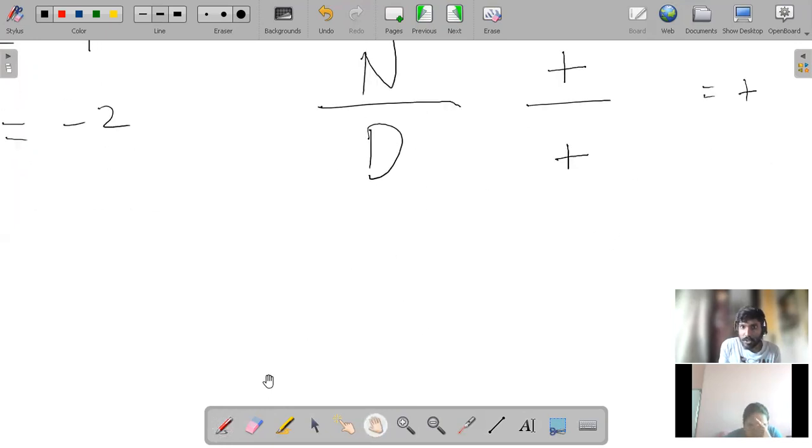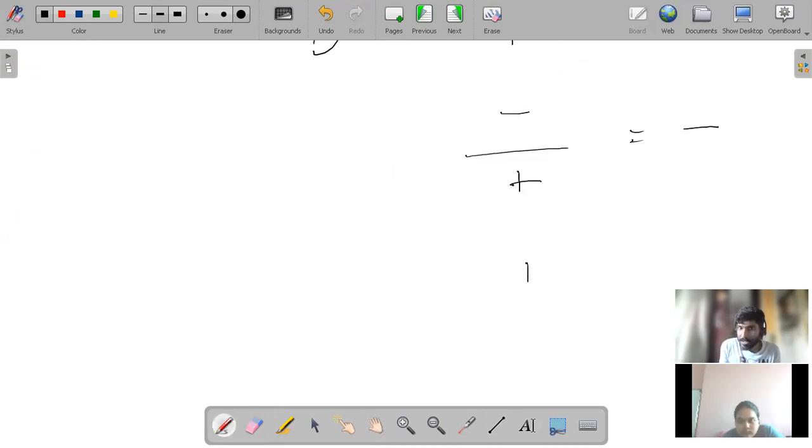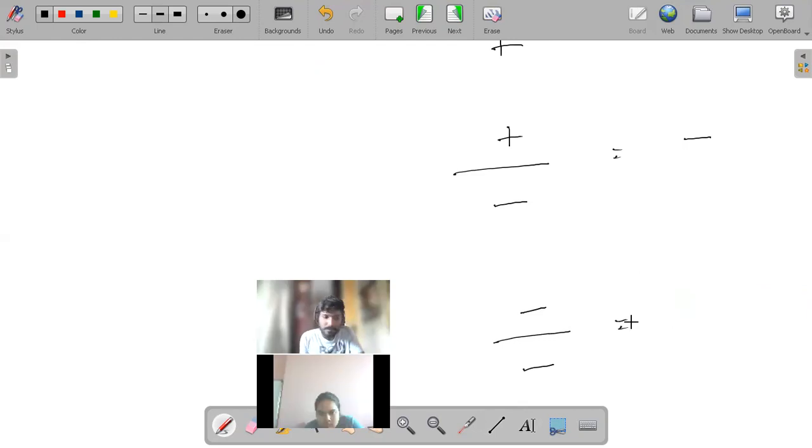If the numerator is negative and the denominator is positive, then it will be negative. If the numerator is positive and the denominator is negative, then also it will be negative. And lastly, if both numerator and denominator are negative, then the answer will be positive. Same thing as the multiplication.